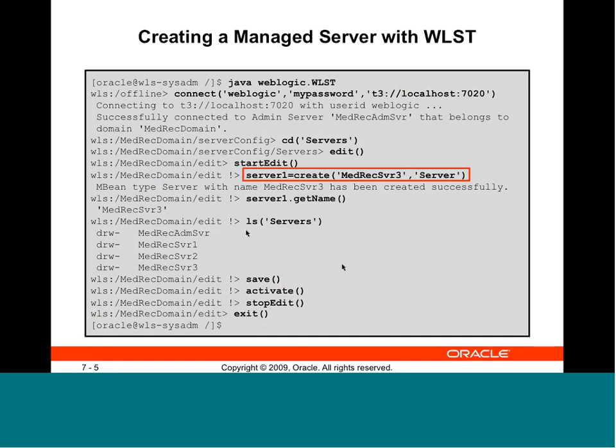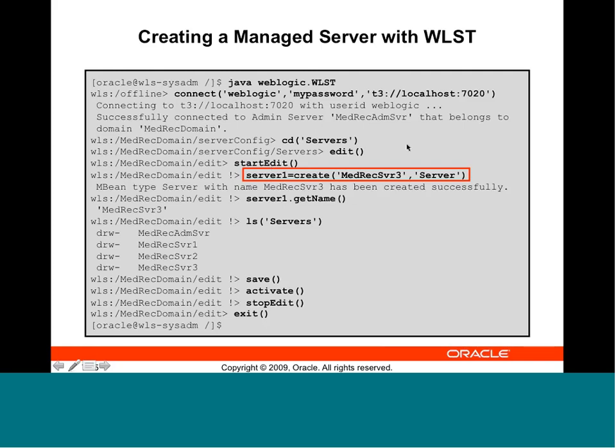Fine. So this is how you start: java weblogic.WLST. So that's your starting command. Yes, this is one of the ways. Otherwise, we can go and start it with .sh also, right? And then you connect. After connecting, go to the servers directory, which contains your servers. Edit.